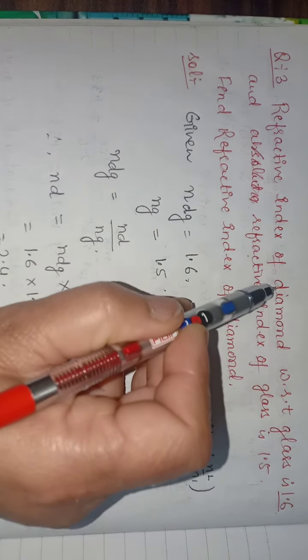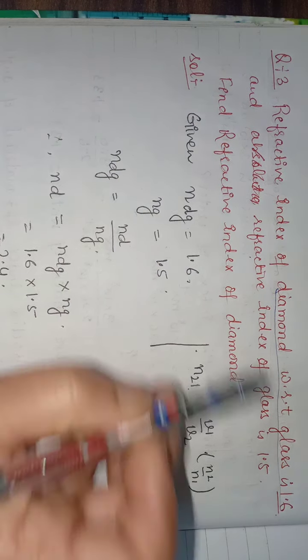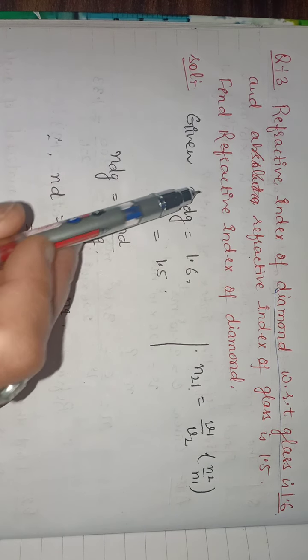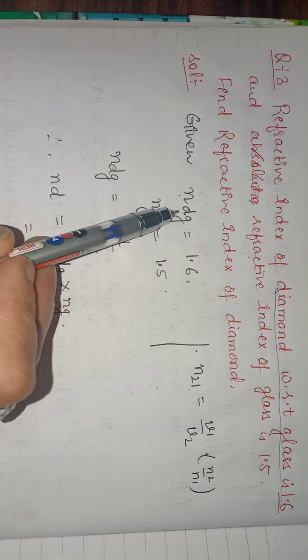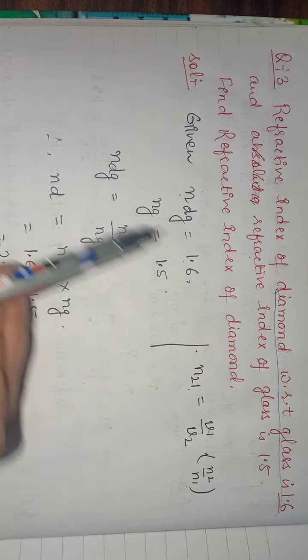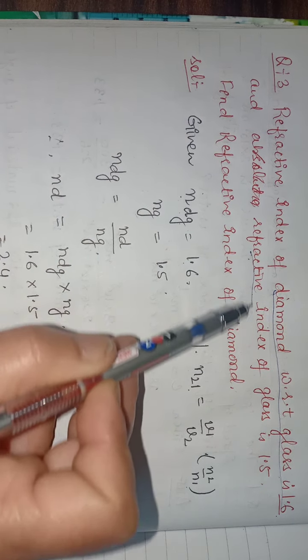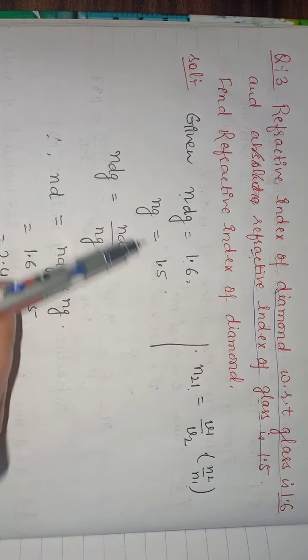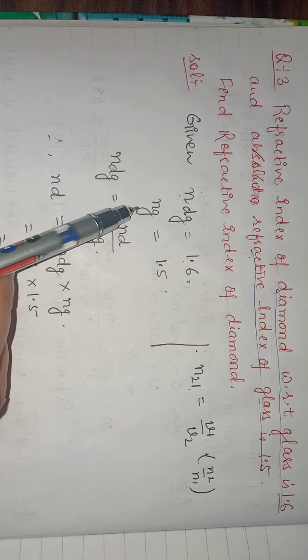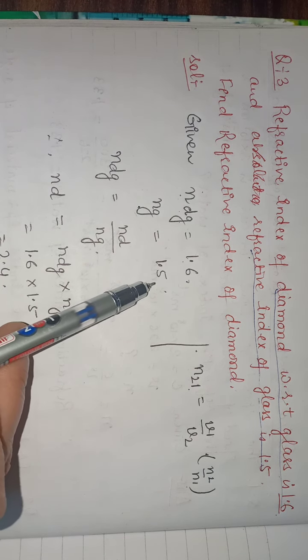The first statement means diamond with respect to glass. We can write it as refractive index of diamond with respect to glass, which is given as 1.6, and the refractive index of a simple glass is given to you. Here, in a comparison we are giving 2, but this is only a single one, which is 1.5.